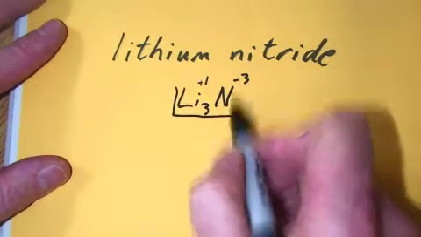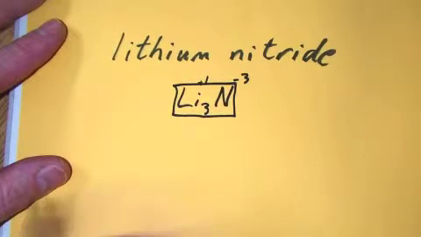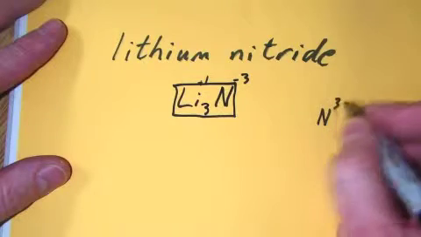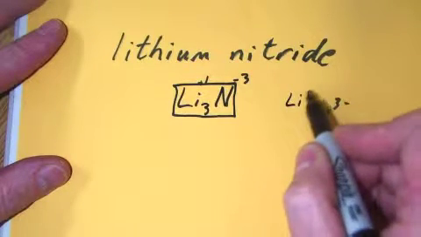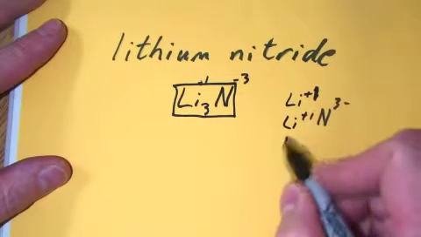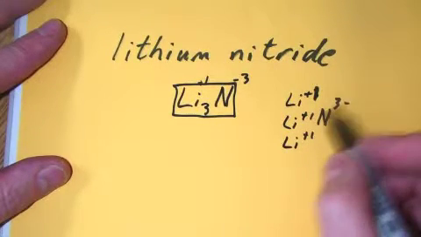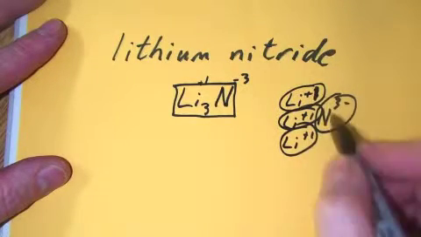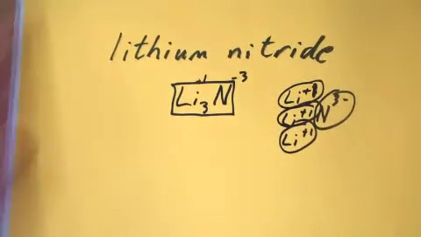The formula is Li3N. And it should make sense that if you have a single nitrogen with a 3- charge, you are going to need 3 +1 lithiums in order to balance it out. You're going to need 3 lithium atoms to balance out the 1 nitrogen atom.